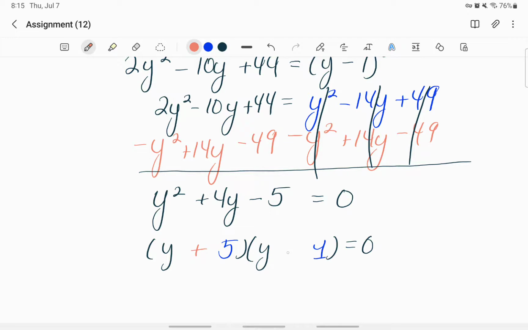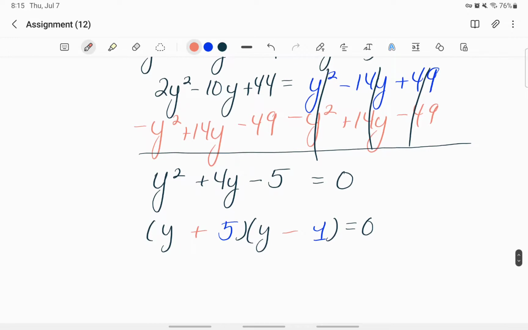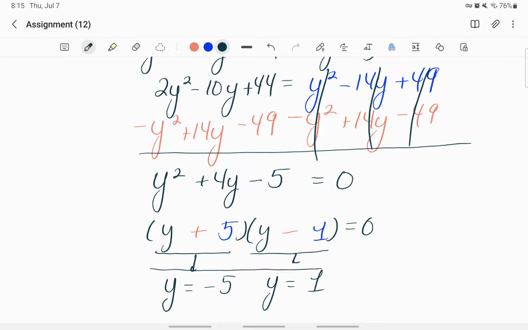So y plus 5, y minus 1. When we use the zero product property for this part right here, we have y is equal to negative 5. And for this part right here, y is going to equal positive 1. And that is the answer to the question.